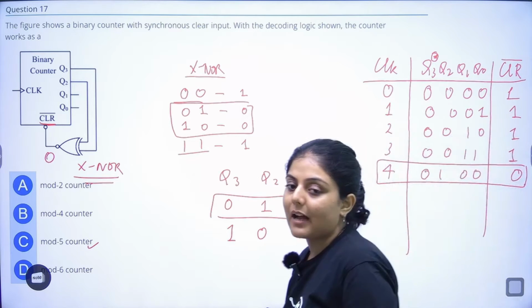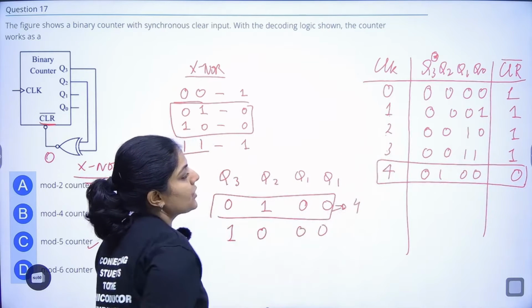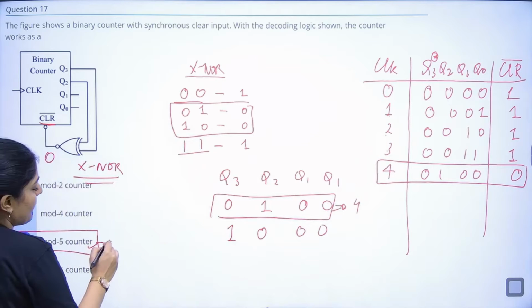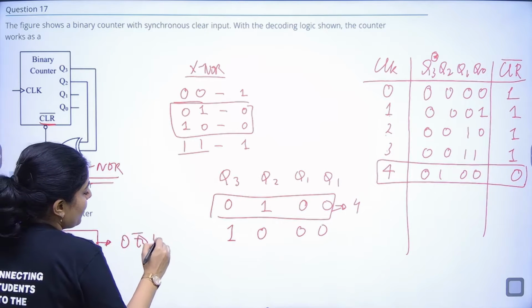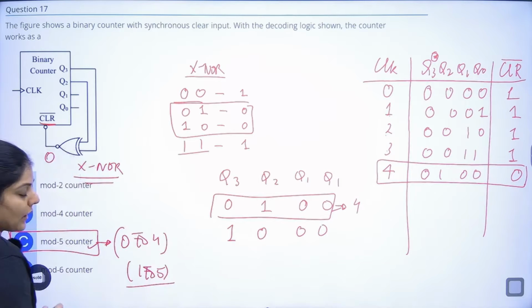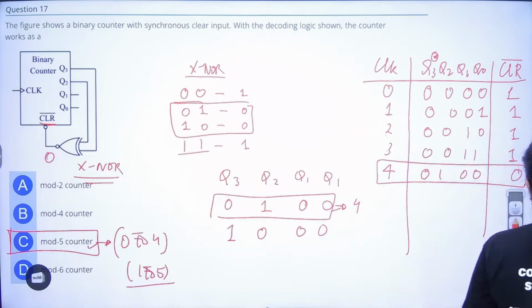Clear will become active low. So it will count up to 1, 2, 3, 4 and 5. 0 to 4, that will be a mod 5 counter. Initially I told you mod 5 counter, you can write it as from 0 to 4 or from 1 to 5, whatever. Okay, so moving on to the next question.